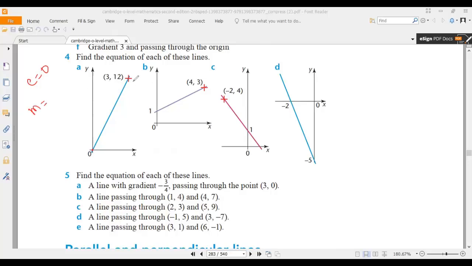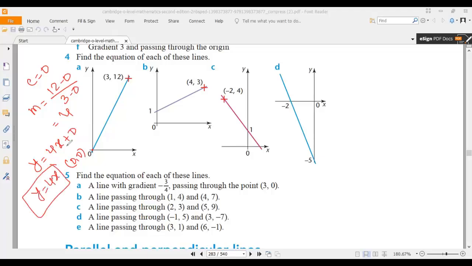Gradient will be y1 minus y2 by x1 minus x2. So this is 0, 0. So y1 minus y2 means 12 minus 0 by x1 minus x2, 3 minus 0. So 12 by 3 is 4. So y equal to 4x plus 0. So final answer will be y equal to 4x.